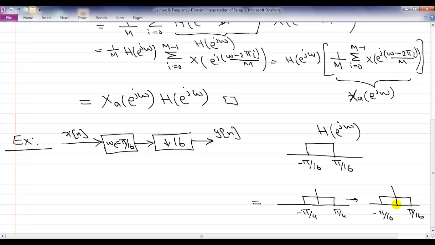If I'm going to low-pass filter something by π/16, I can first low-pass filter by π/4, which is a bigger number, and then I can further low-pass filter that. So I can express this filter as a cascade of two filters, where I have a cutoff of π/4 and another cutoff of π/16.